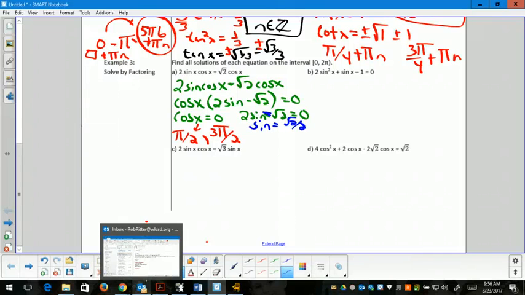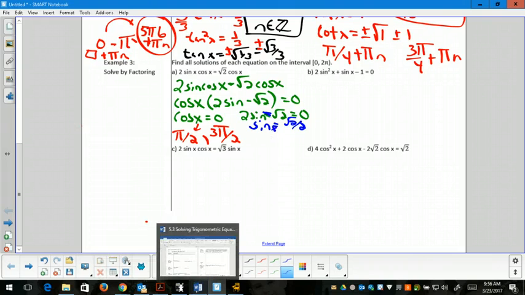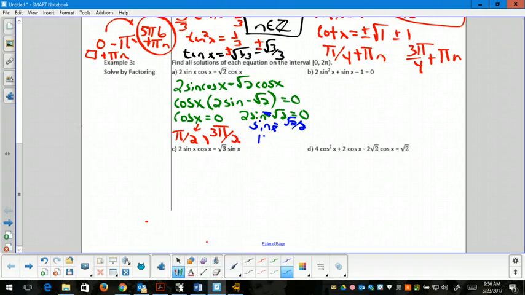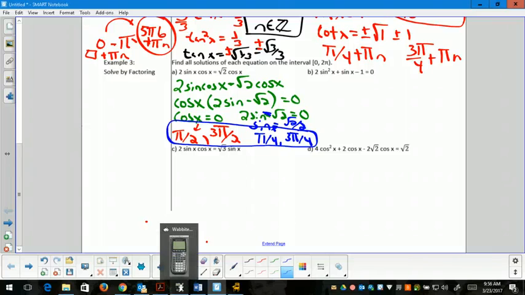So sine of x equals square root of 2 over 2. And so on the unit circle from 0 to 2 pi, that happens at pi over 4 and 3 pi over 4. So there are our 4 answers for that problem.